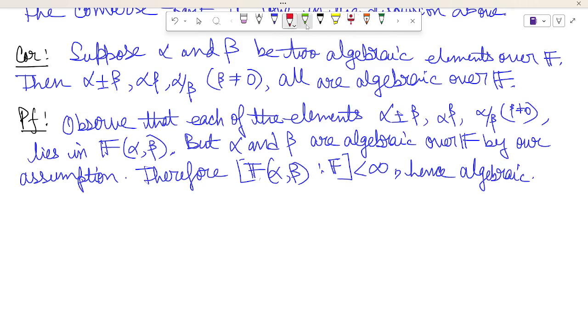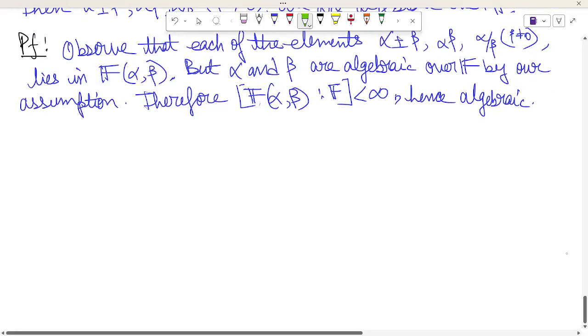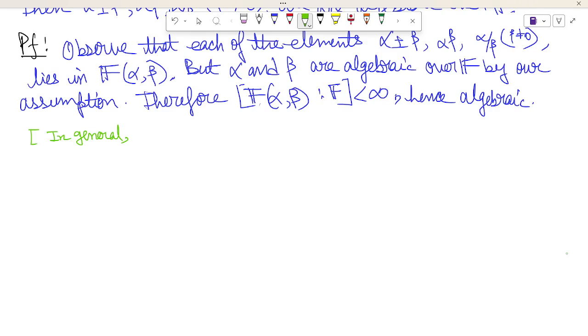Actually, I can say more. In general, if we impose the same multiplication and addition structure for any arbitrary extension, suppose K over F is arbitrary, I don't know what the extension is.